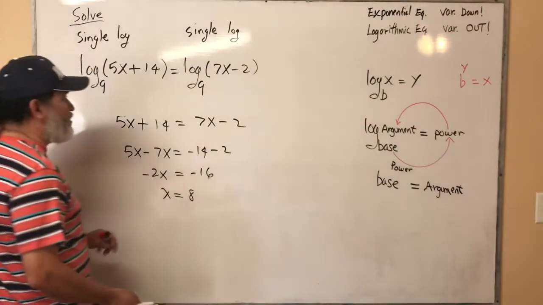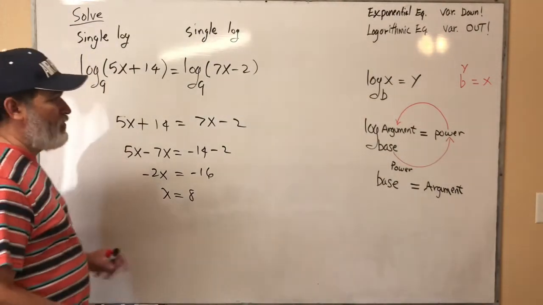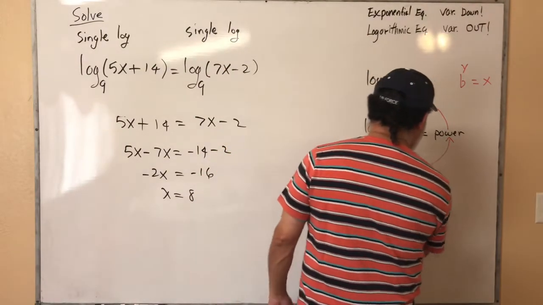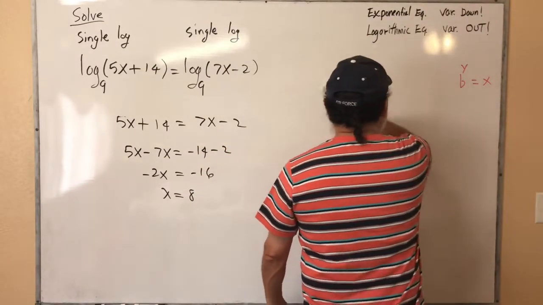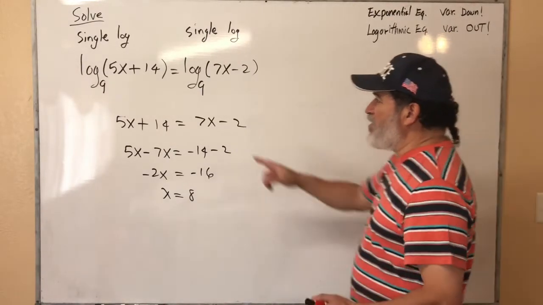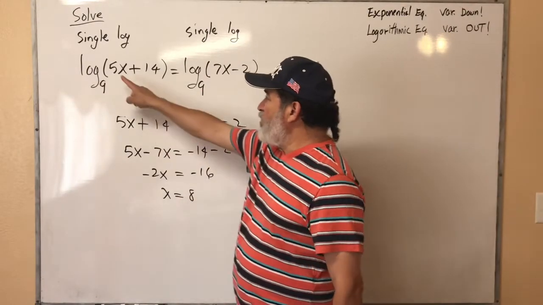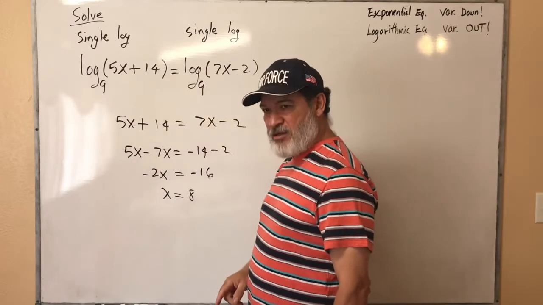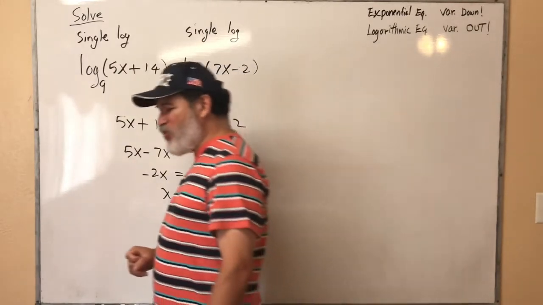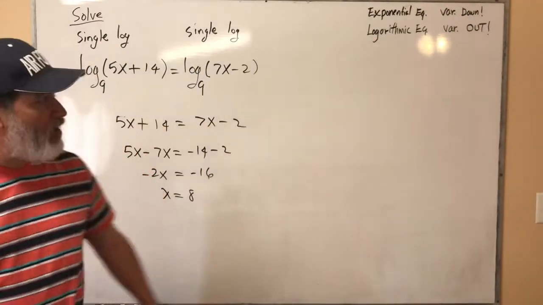So here's our answer. Let's check, okay? I'm going to erase it. Check the answer up here. x is 8. What's 5 times 8? 40. What's 40 plus 14? 54.